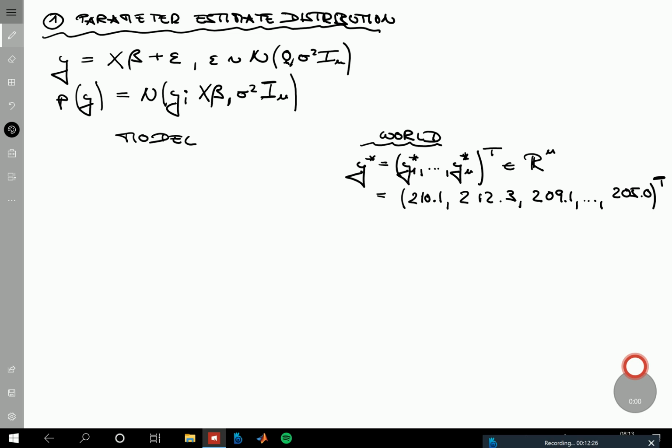And the model, on the other hand, is saying a little bit more. The model says that you can theoretically sample data vectors from this multivariate normal distribution as long as you want, because it's just saying there is a distribution over data vectors. So let's write some realizations like this.